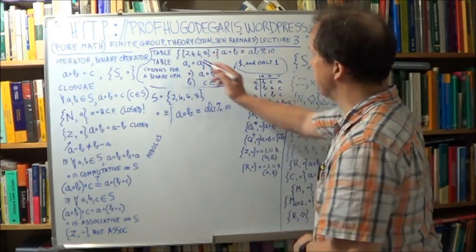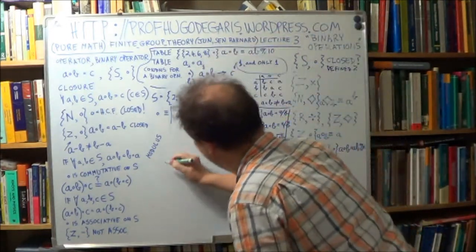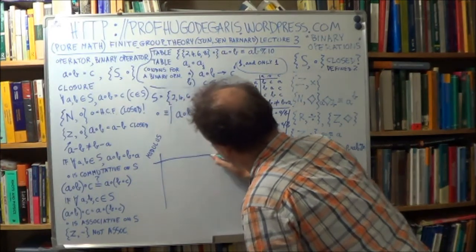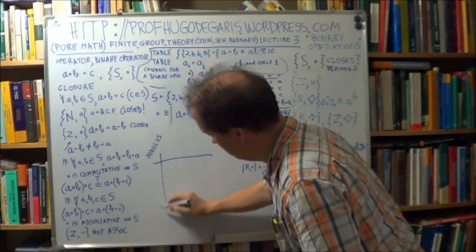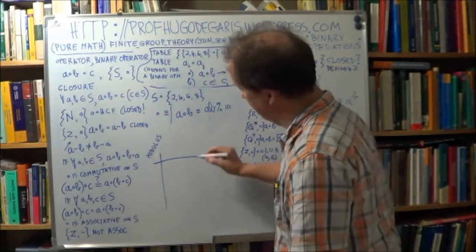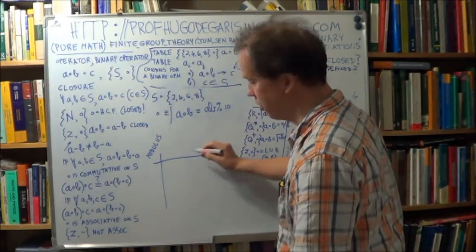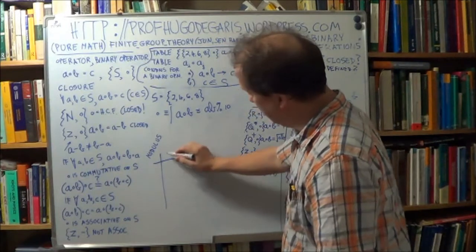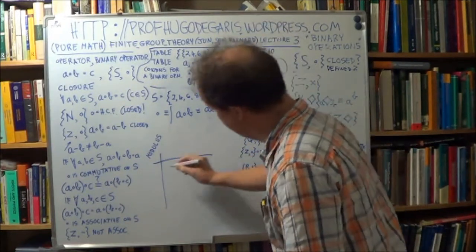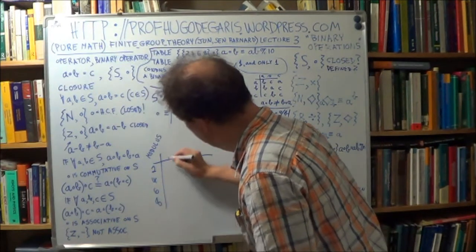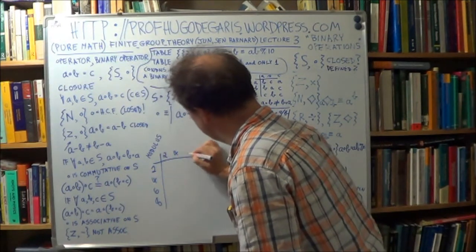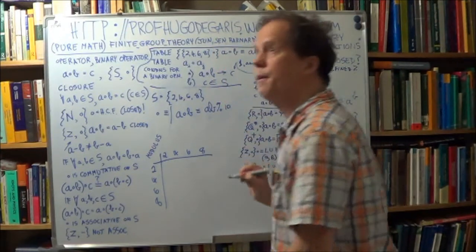Well, let's fill in the table. We put the elements of the set in the column on the left, and the same elements of the set, usually in the same order, in the row at the top. So 2, 4, 6, 8, and 2, 4, 6, 8.